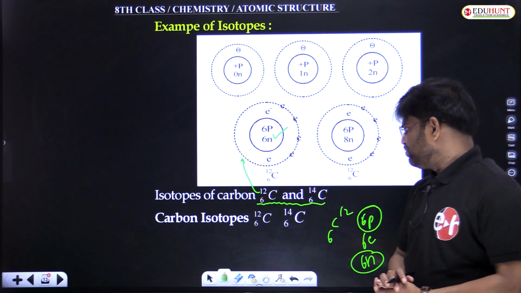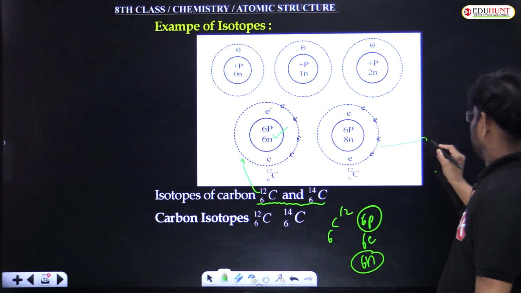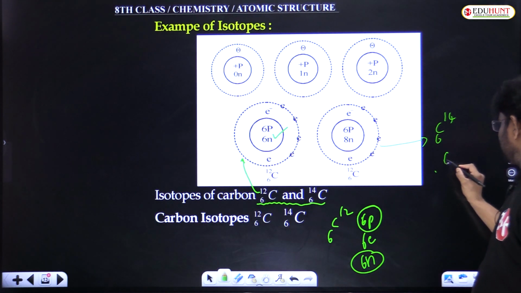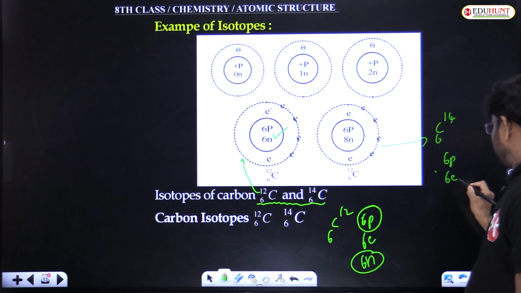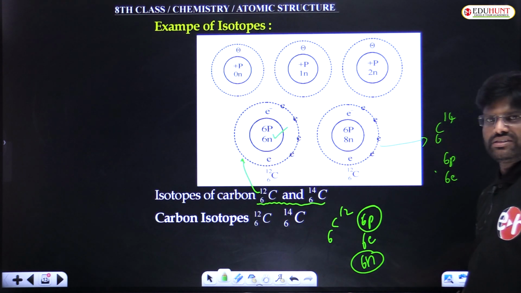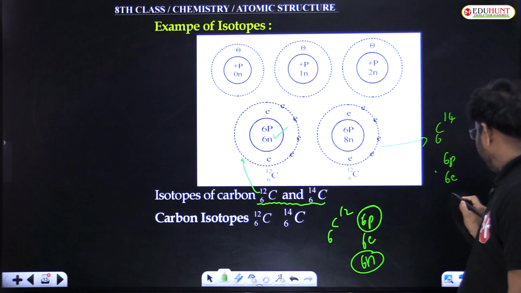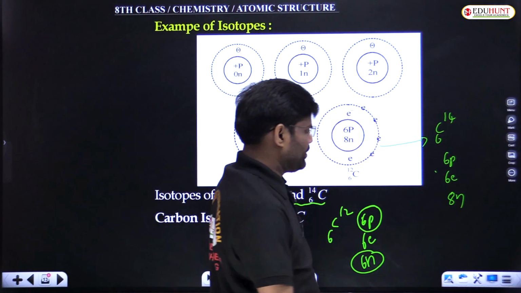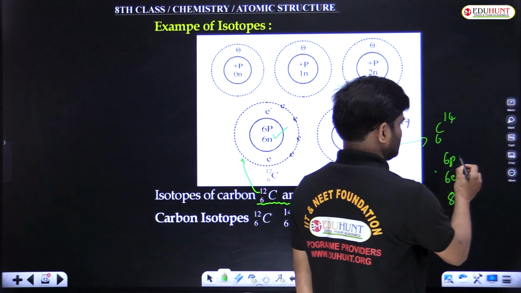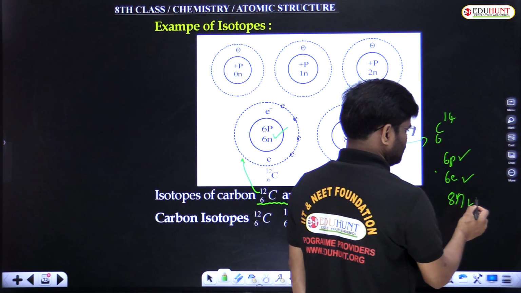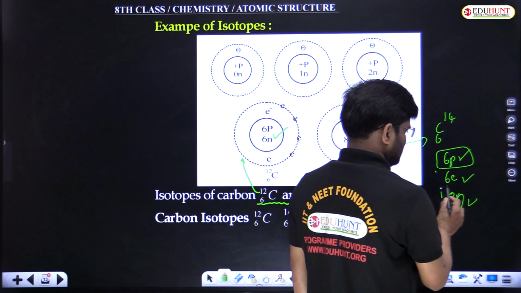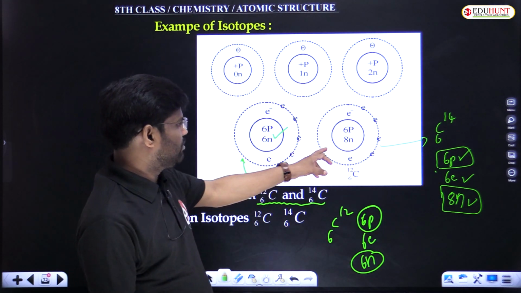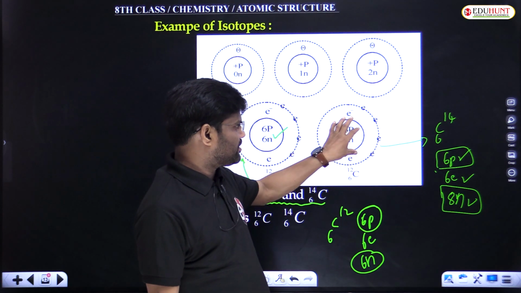The second isotope is C-14: protons 6, electrons 6, and 14 minus 6, so 8 neutrons. I am talking about the nucleus: the 6 protons and 8 neutrons, which I kept in the box, are present at the center.